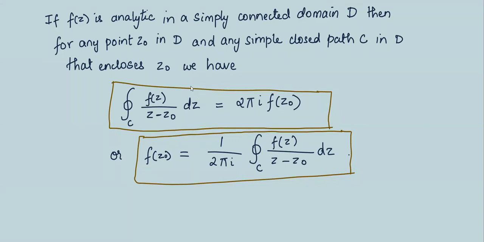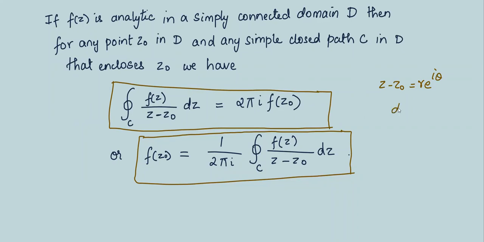We can take a circular path and very easily prove this particular result. Take z naught as the origin and take a circle, so z minus z naught is equal to r e power i theta.